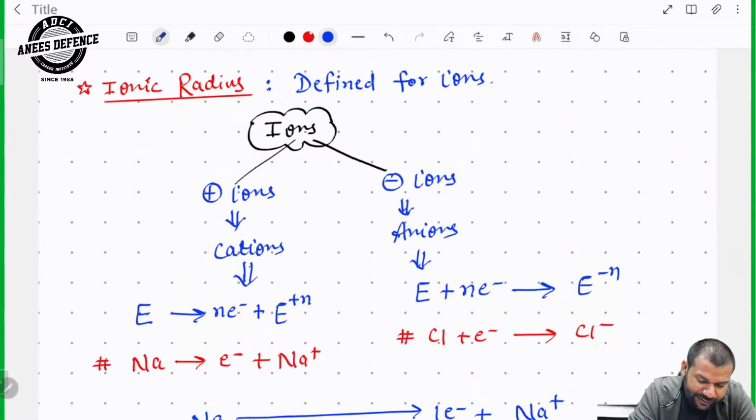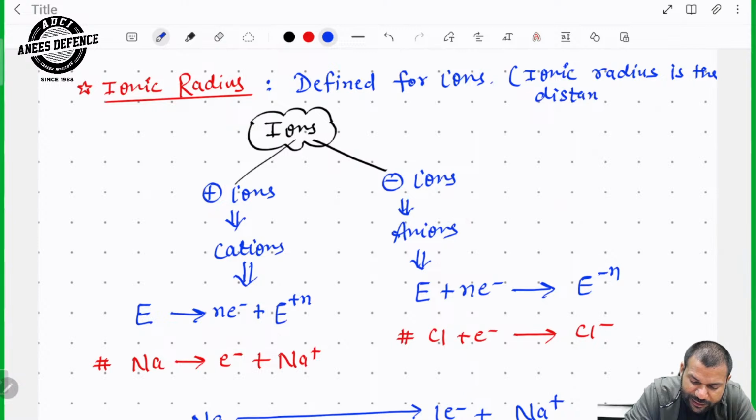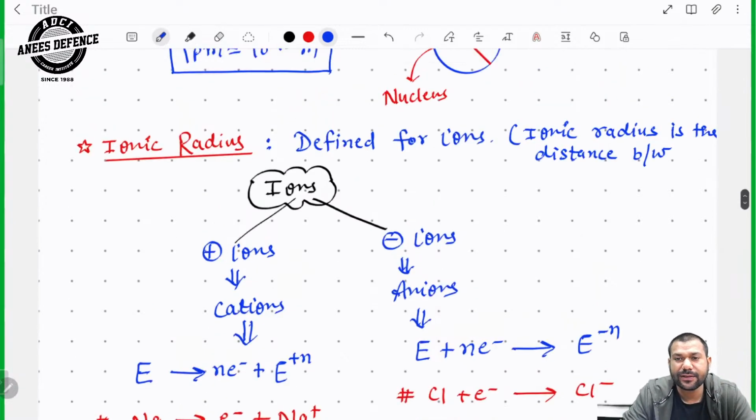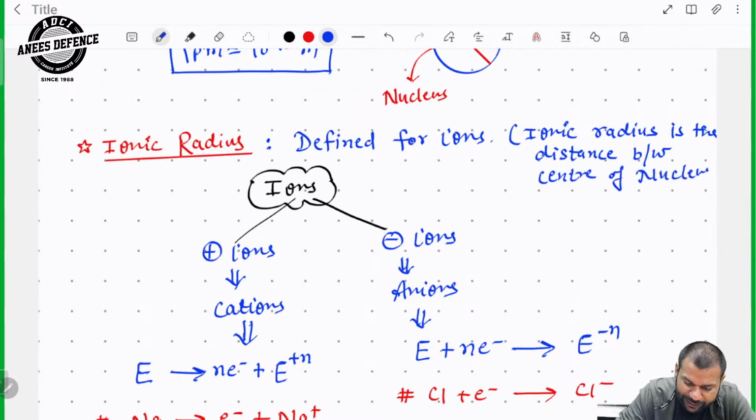We can write here that ionic radius is the distance between the center of the nucleus and the outermost shell of the ion.